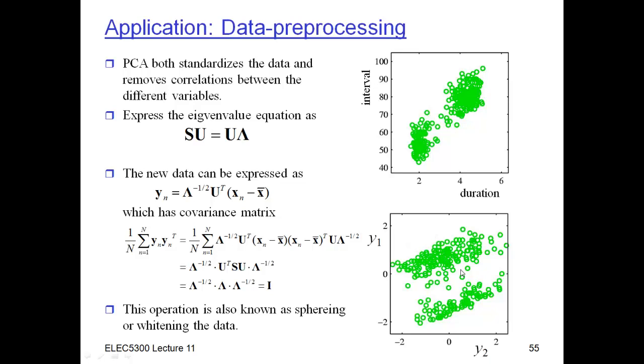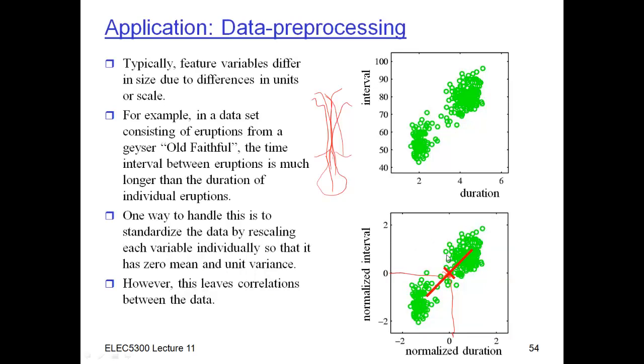Instead of dividing in this direction and this direction, I can try to divide in this direction, the principal component direction, and in this direction. What that would tend to do is shrink this dimension and expand this direction, so I would fill out more of the data space.